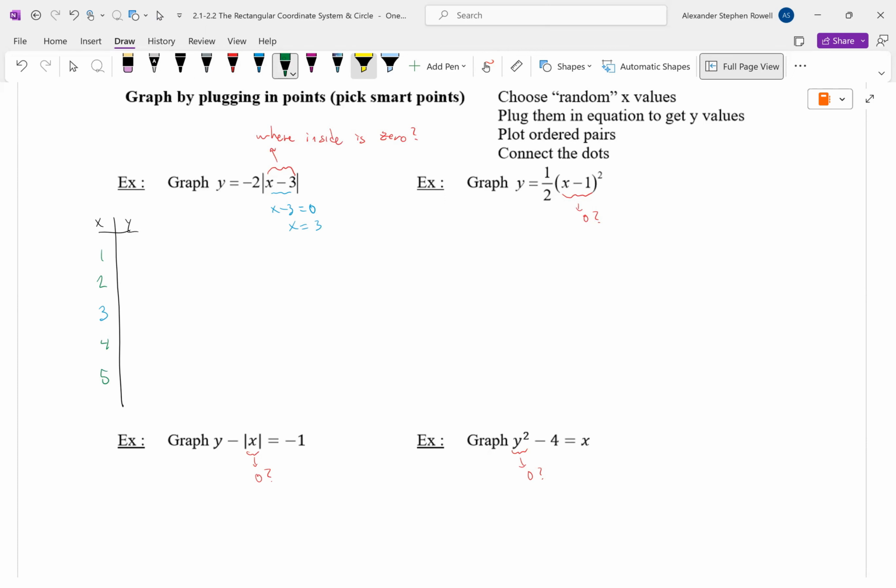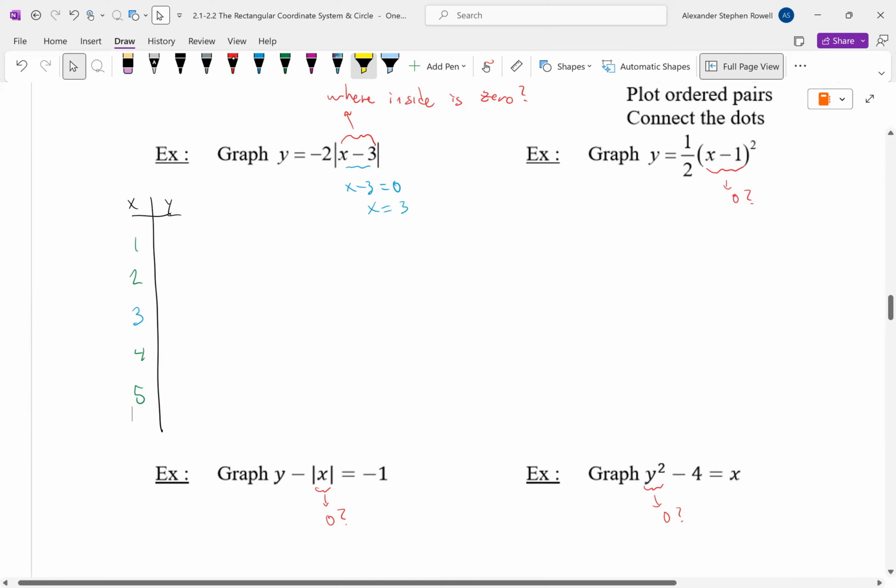Any questions about that? Turns out you don't. Because when it's 0, if I pick points around it, I will get negatives inside the absolute value. Now, if this is not enough points for you to connect the dots and make a pattern, plug in more points. You don't have to do only 5.